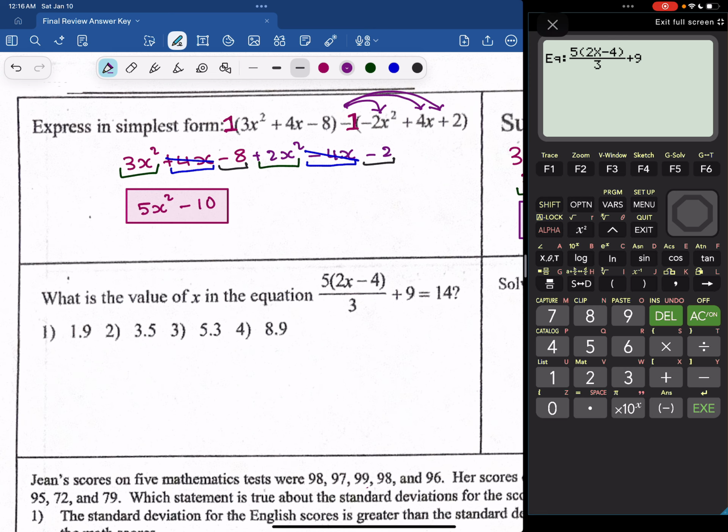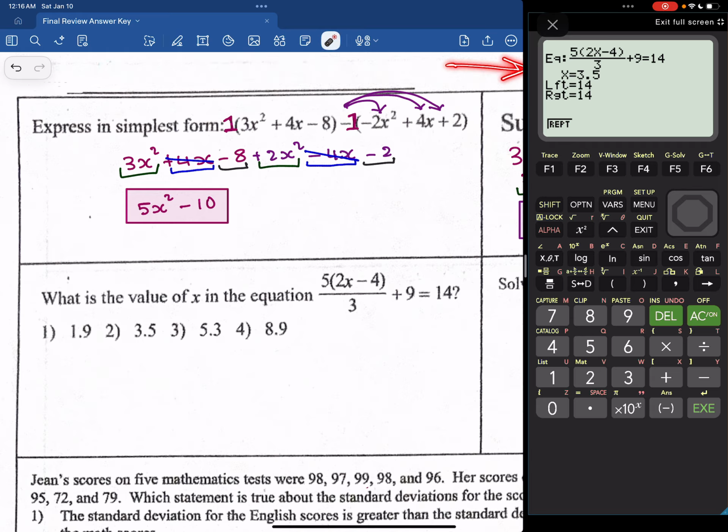And for that equal sign, we're going to hit shift and the little decimal button under number 2. All right, then we're going to hit enter 2 times, and we see that x is equal to 3.5. Right here, x is equal to 3.5. So that's our answer, which is choice 2.